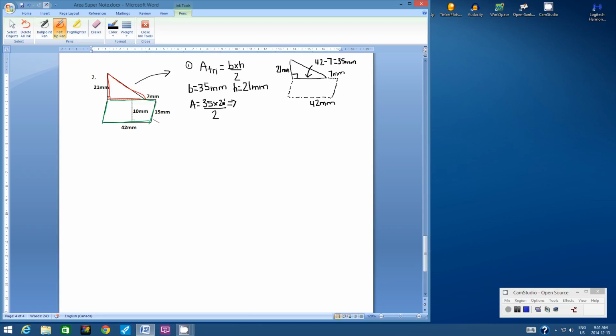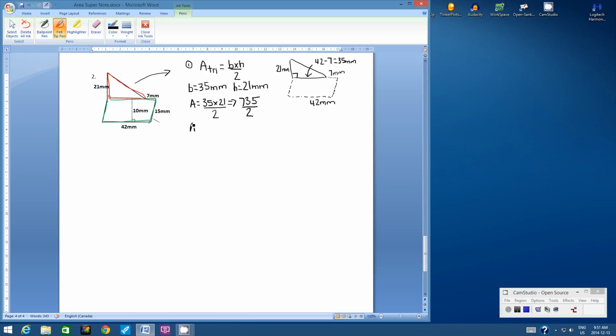Base is 35, height is 21. So using your calculator, please solve for that. So 35 times 21, what'd you get for it? I'm just taking my calculator out here. 35 times 21 equals 735. So we have 735. And don't forget, we still need to divide by 2.